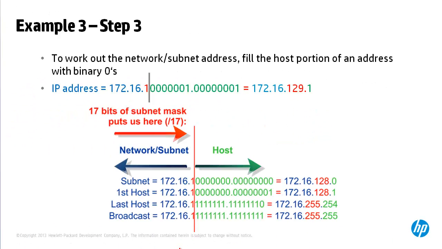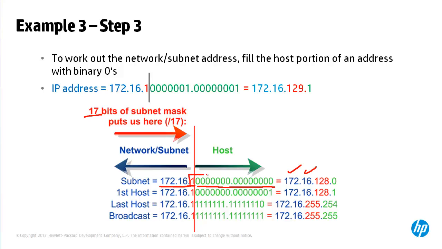So, to work out the network and subnet address, we fill the host portion of the address with binary zeros. /17 mask. So we've drawn our line at this point. The host portion is filled with binary zeros. So first octet is 172. Second octet is 16.